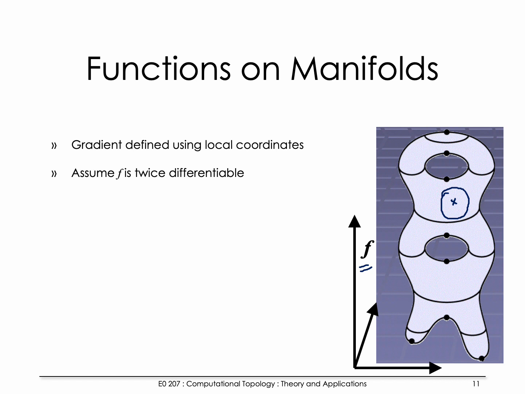So the definition of Morse function holds even for the case of functions defined on manifolds, right? Because we have the notion of gradient, we have the notion of twice differentiable. So we call f a Morse function if none of its critical points are degenerate, right?